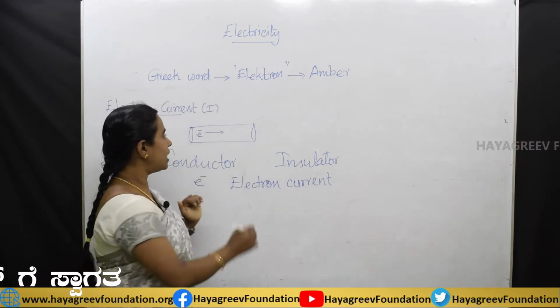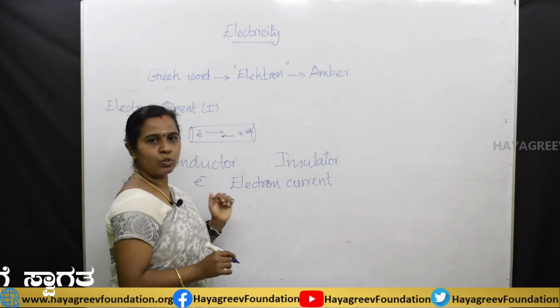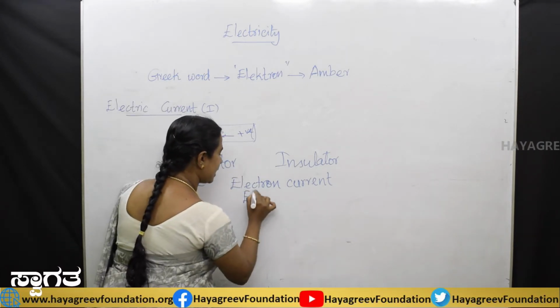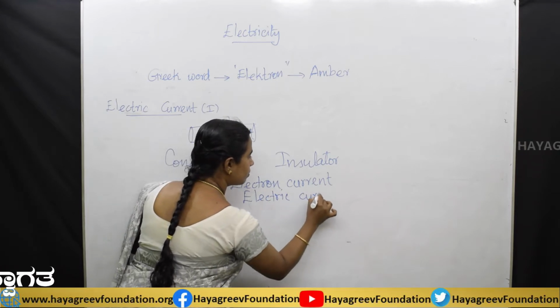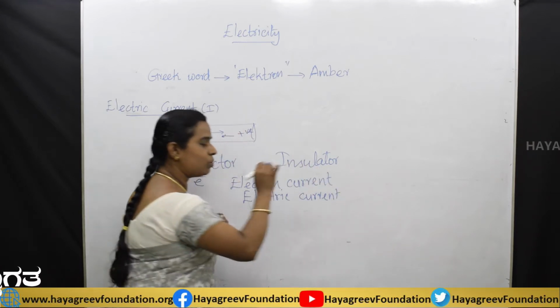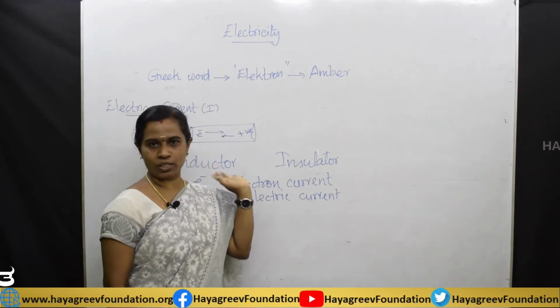In the opposite direction, the positive charges move, and that constitutes electric current. So the direction of electric current is the direction of positive charges.